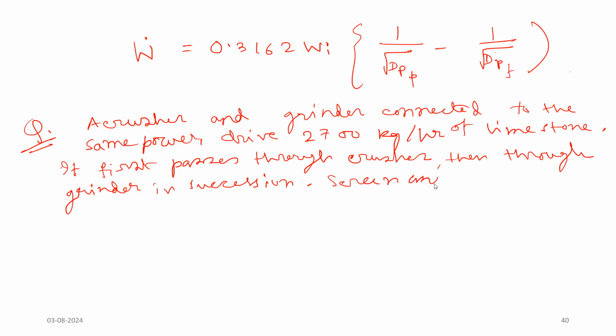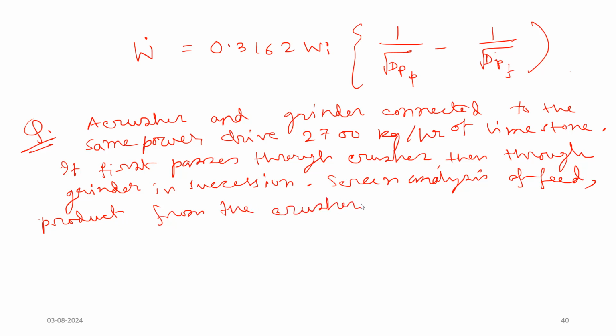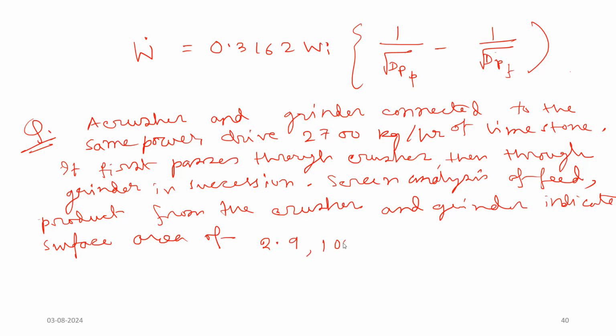Screen analysis of feed and product from the crusher and grinder indicate surface area of 2.9103 and 865 meter square per kg respectively.